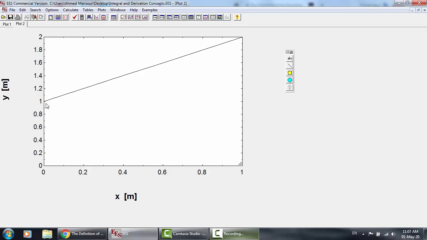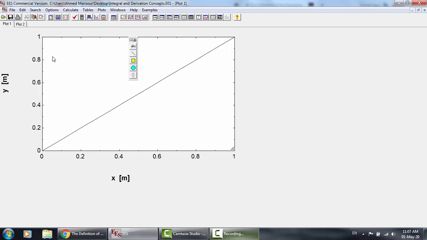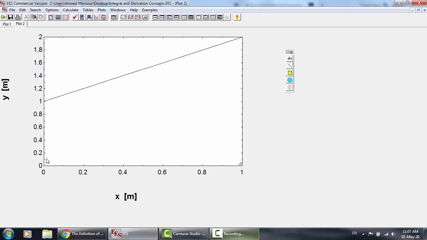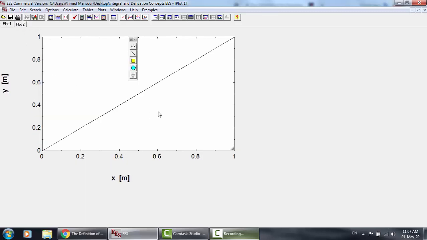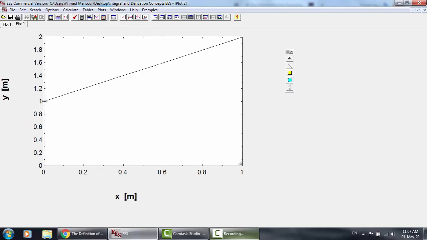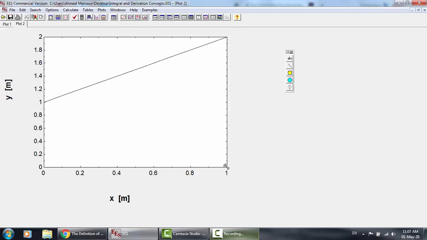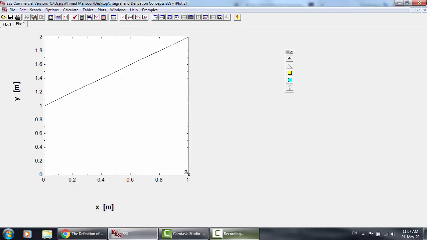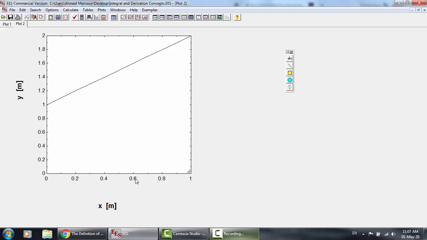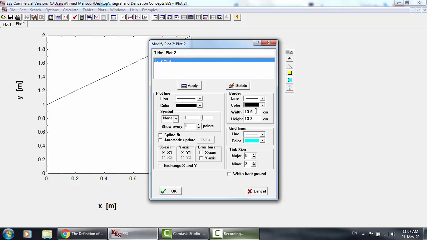Okay, so here we did not start from 0 like the previous plot. We just started from here. So we added area to the original area. This is the original area, and the area is half square meter. But now what we have just added is the area of this square.